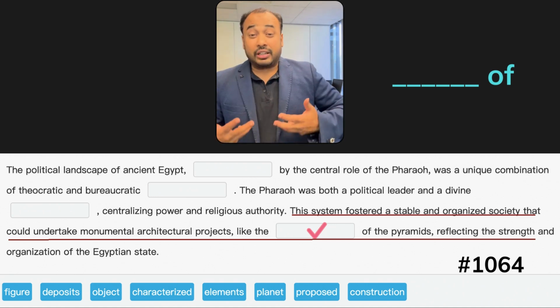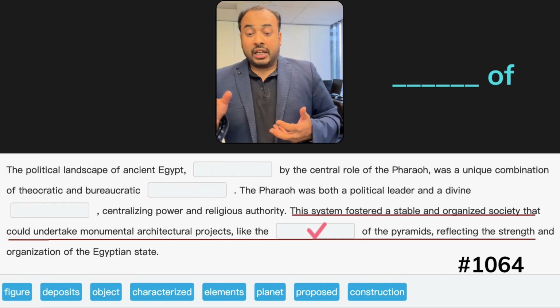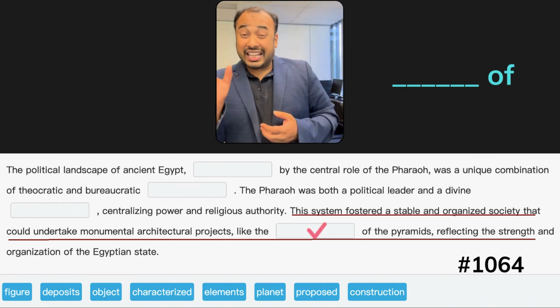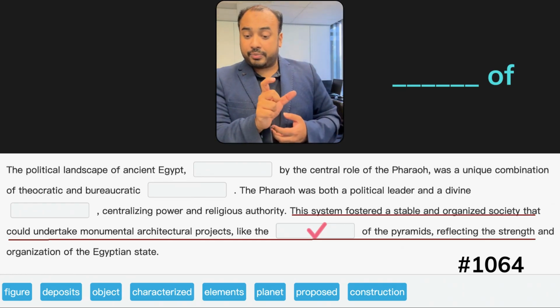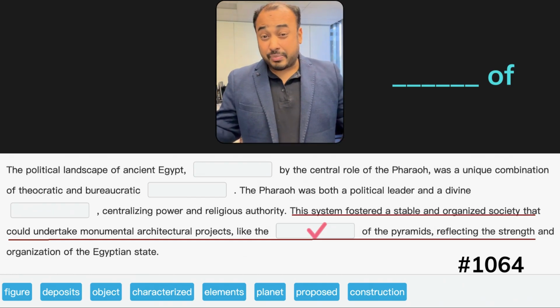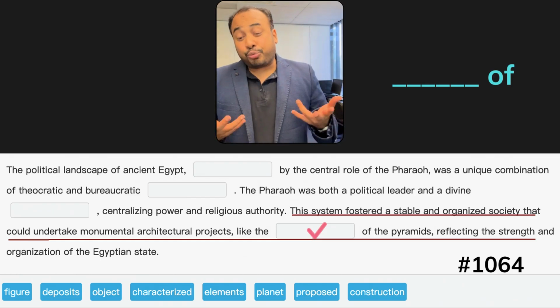Now, let's go with the word meaning. Like the construction of the pyramids, like the elements of the pyramids, or you want to go with the planets of the pyramid. Planets of the pyramid doesn't make sense. Most of you would probably choose construction.